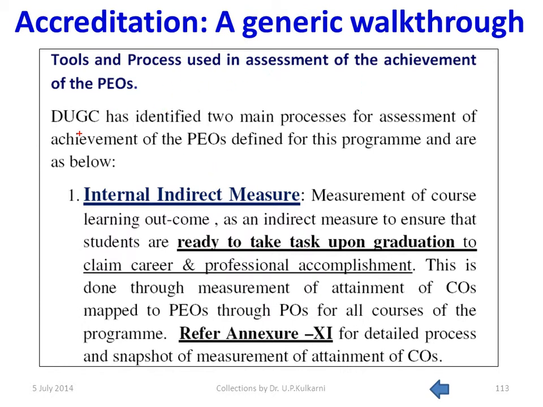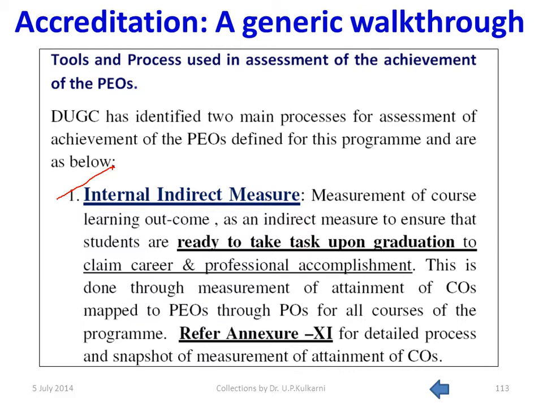You can write a statement like this in your SAR in the main form, and put the details in an annexure. The DUGC, Department Undergraduate Committee, or some other committee which is the highest committee in the department, has identified two main processes for the assessment of achievement of PO defined for this program. One is an internal indirect measure: measurement of course learning outcomes as an indirect measure to ensure that students are ready to take up tasks upon graduation, to claim career and professional accomplishment.